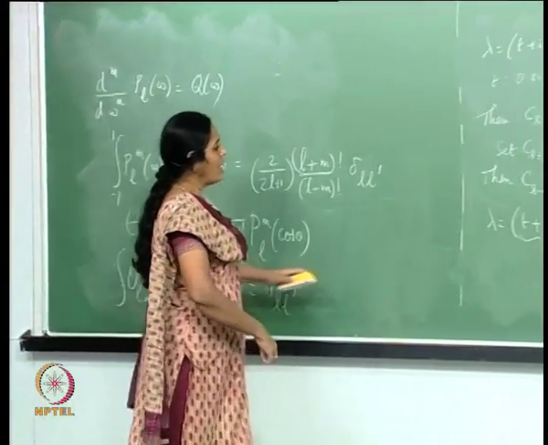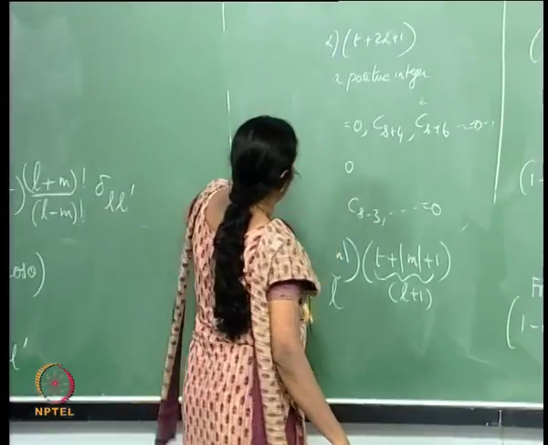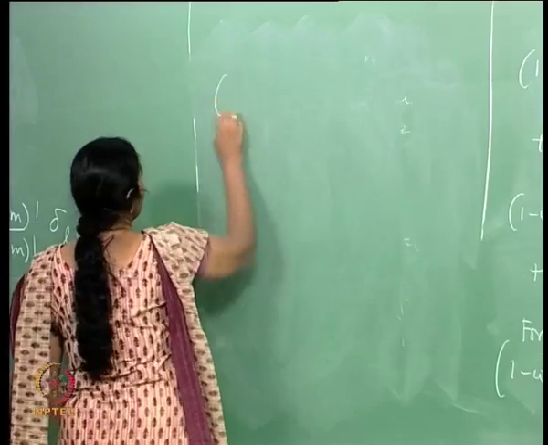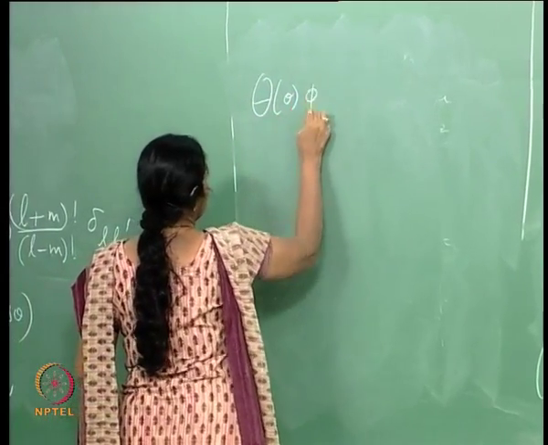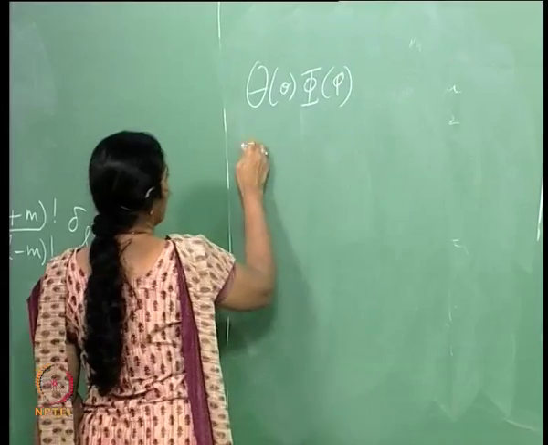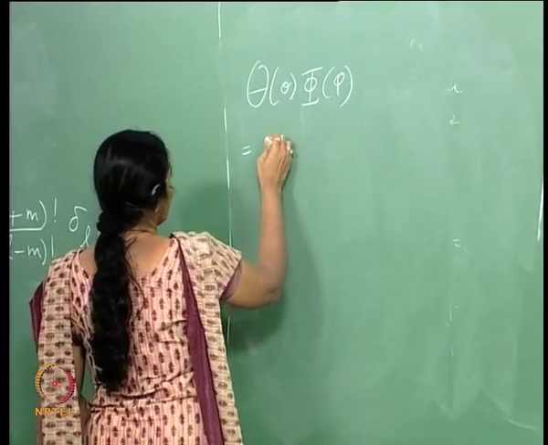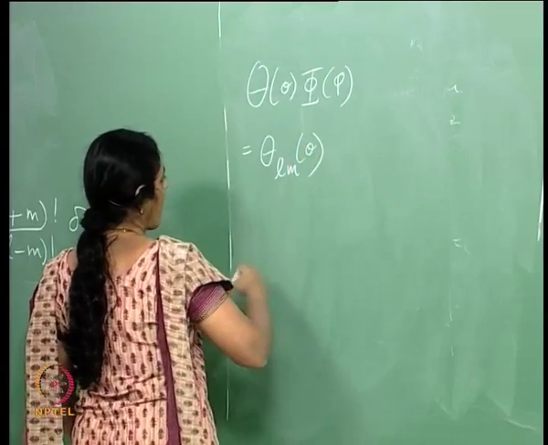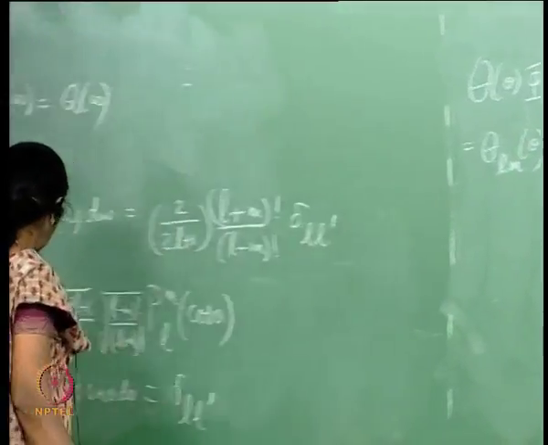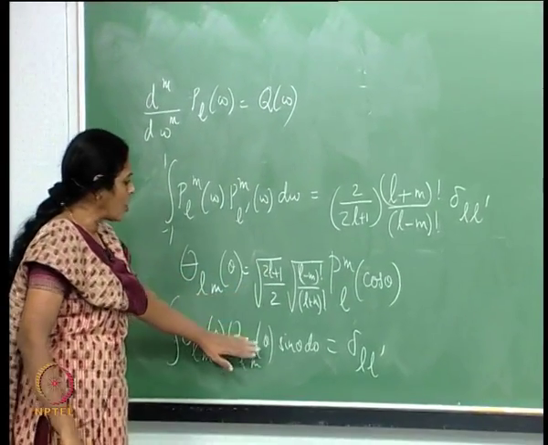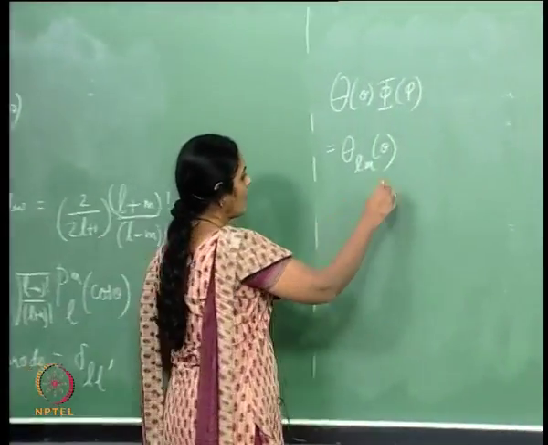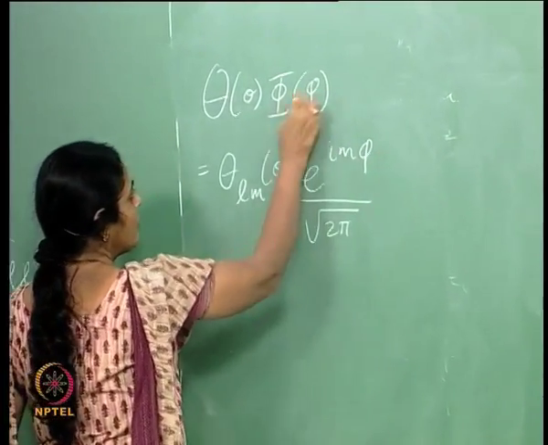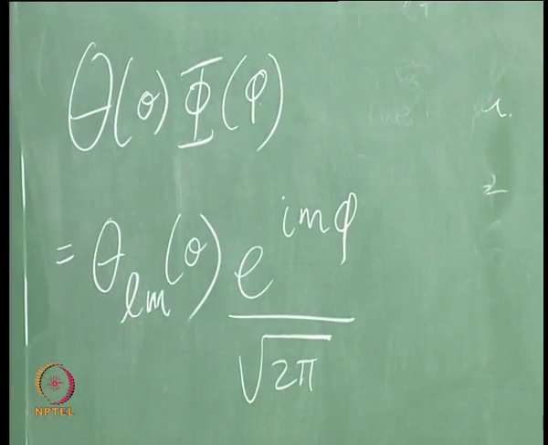So finally, I have the wave function. The wave function is given by theta of theta, phi of phi, and that is simply theta Lm of theta, defined here so that it is normalized to 1, e to the im phi by root 2 pi, so that phi of phi is also normalized to 1.